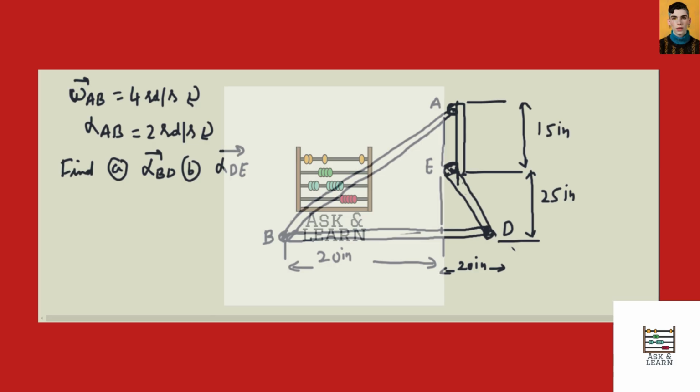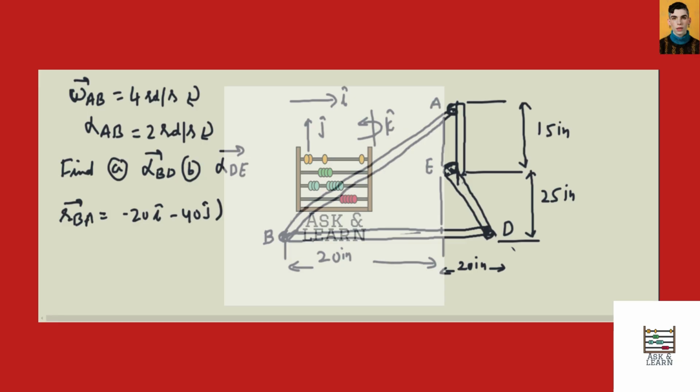First we will write the relative position of each point using the geometry. So R_BA vector, you may write as minus 20 i cap. Remember, this direction we consider as i cap, this is j cap, and counterclockwise as k cap, so this is the vector notation I am using here.